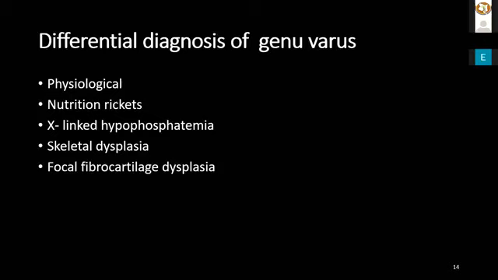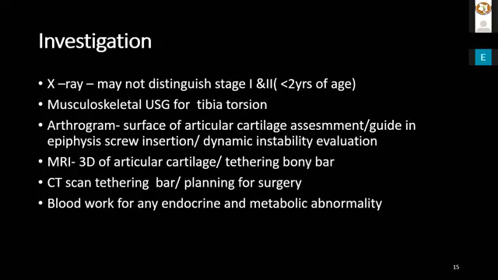Focal fibrocartilaginous dysplasia is usually unilateral, and the deformity is many a time below the pes anserinus. That's how we tend to distinguish focal fibrocartilaginous dysplasia from Blount's disease.